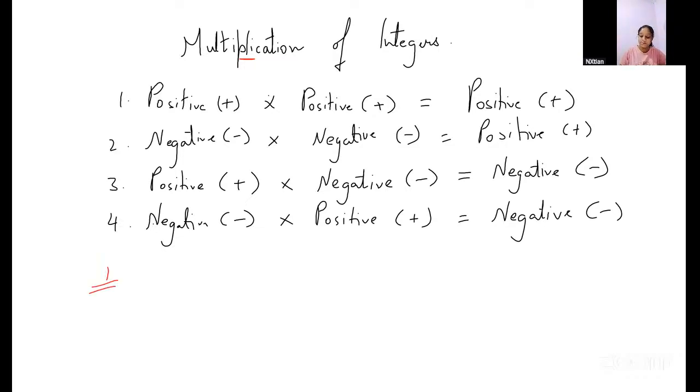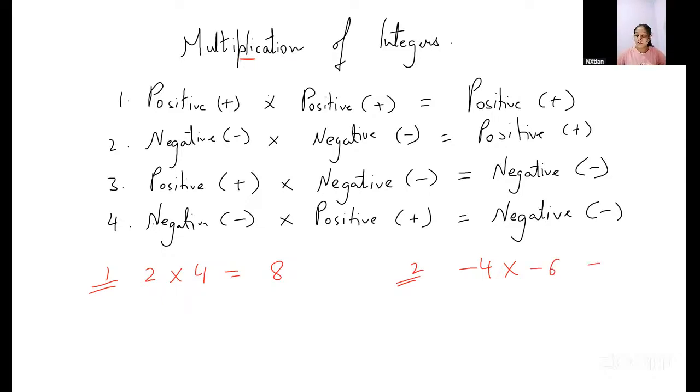Two positive integers, suppose 2 into 4, then normally we have 8, which is a positive integer. Second rule is negative and negative. Say I have a number, minus 4 multiplied by minus 6. Both are in minus. Okay.